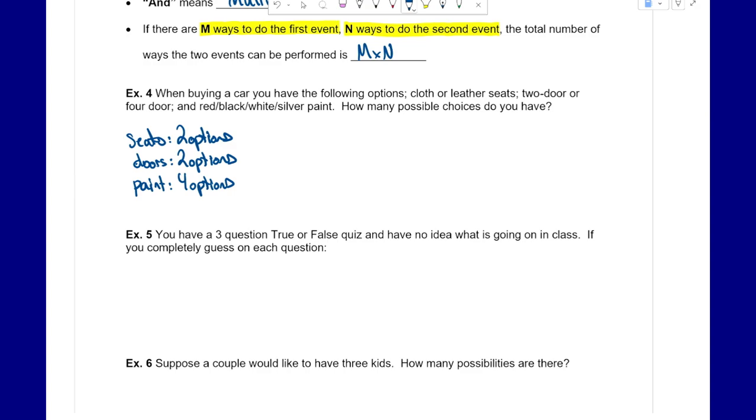So we are going to be multiplying. All we have to do is say, okay, 2 options for the seats, multiply 2 options for the doors and 4 options for the paint. So 2 times 2 times 4, we get 4 times 4, which is 16 possible choices.